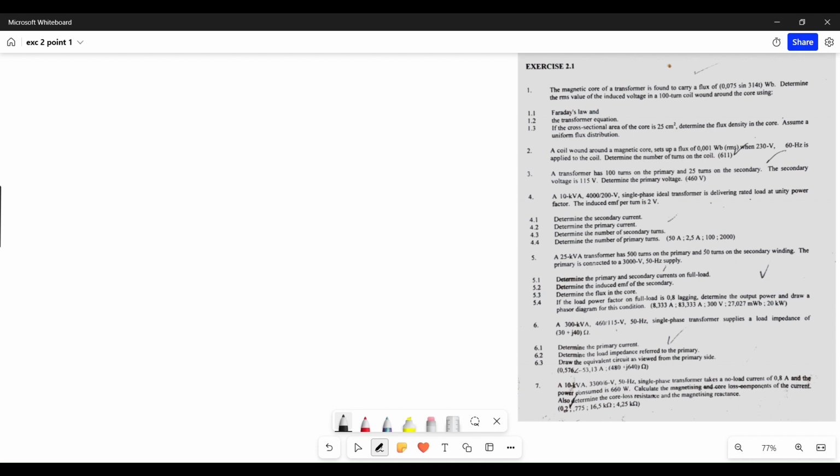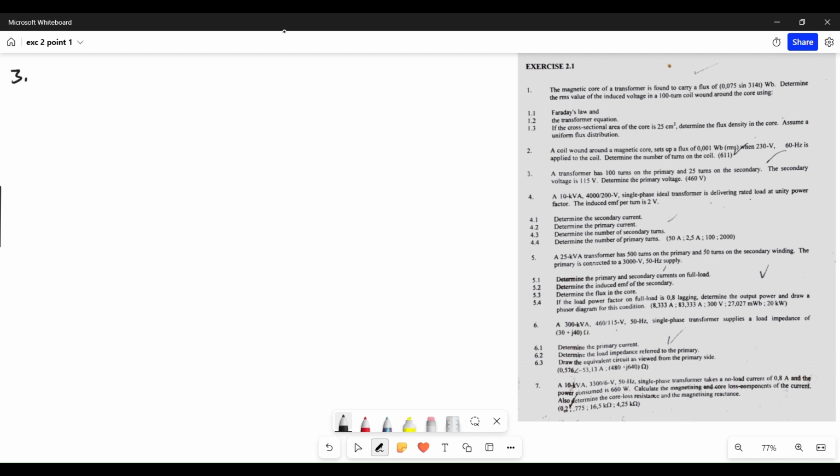Question number 3 says a transformer has 100 turns on the primary and 25 turns on the secondary. The secondary voltage is 115 volts. Determine the primary voltage.